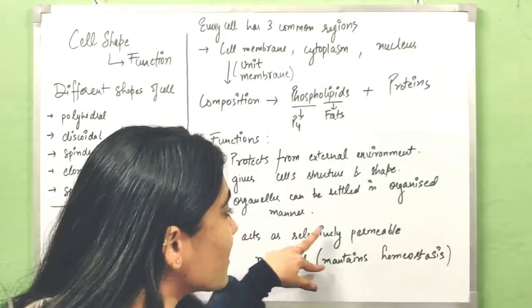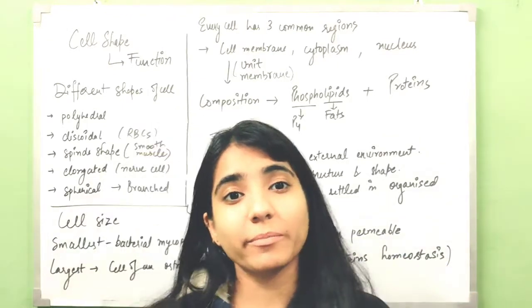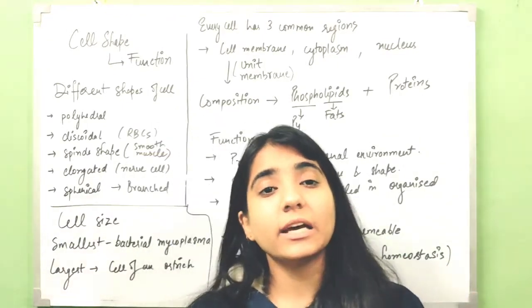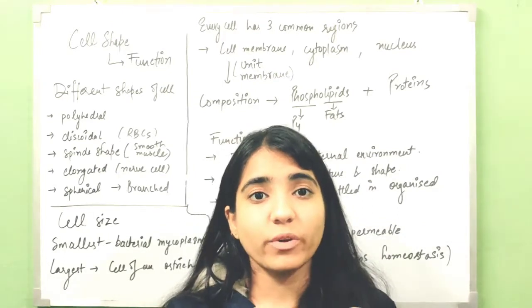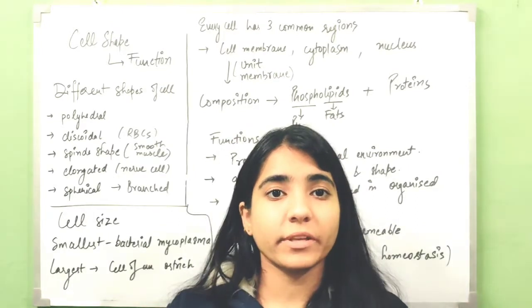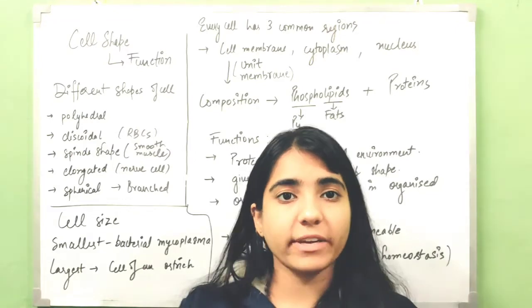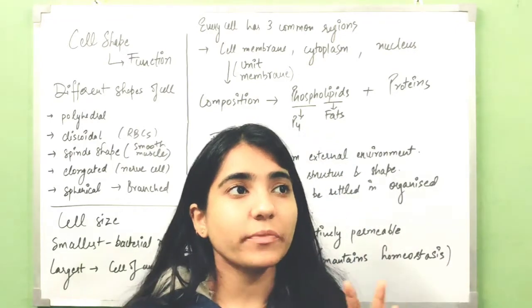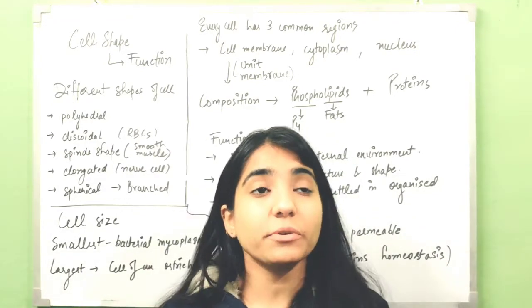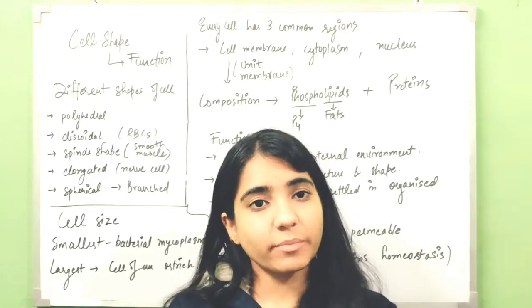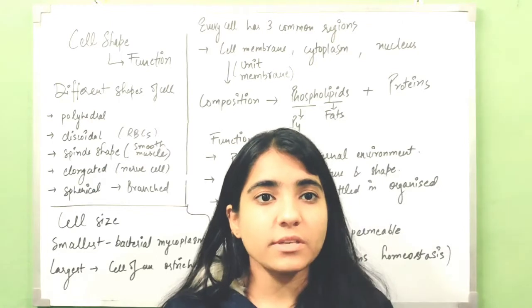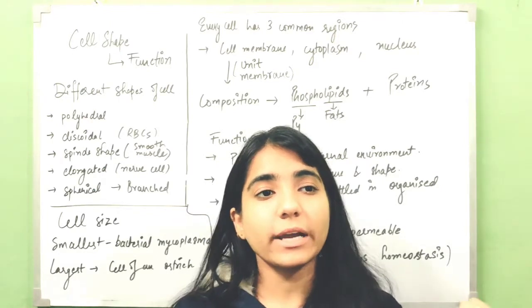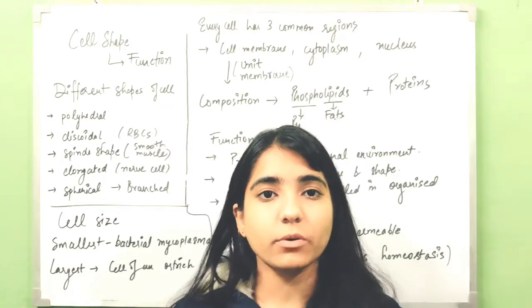Fourth, it acts as a selectively permeable membrane, that is, it only allows the useful substances to come in and lets out all the waste substances. Also, it helps in communication, and it has pores. The plasma membrane has pores, so it can exchange secretions or communicate with the adjacent or neighborhood cells.